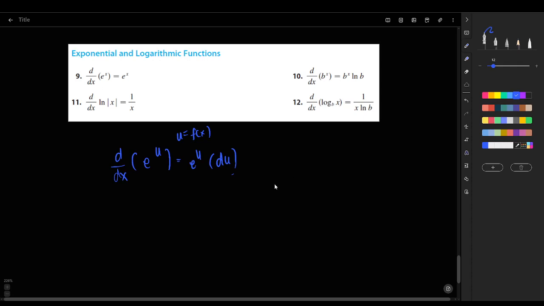Same rule: if we differentiate ln u, then it is equivalent to 1 over u times du by chain rule. And the last one is the differential of the logarithm of x with base b, which is just equivalent to 1 over x ln b.